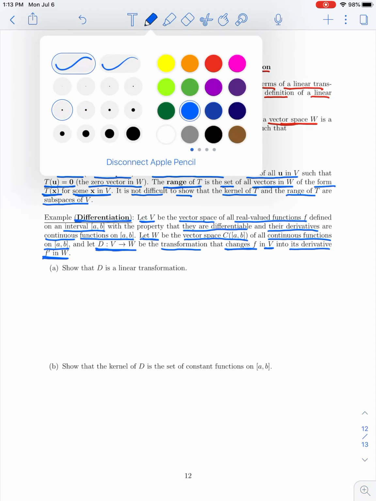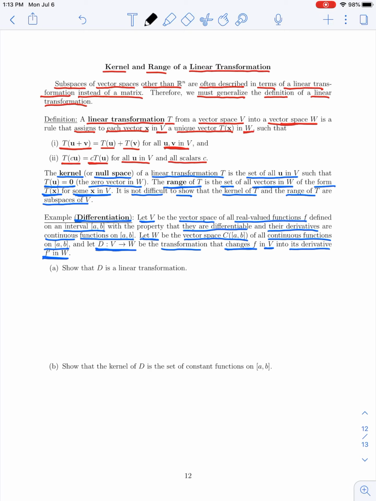There are two things that we need to show for a transformation to be linear. The first is that if we take the transformation of a sum of two vectors, in this case a sum of two functions, it is equal to the sum of the transformations. So let's think about what this transformation D is defined as.